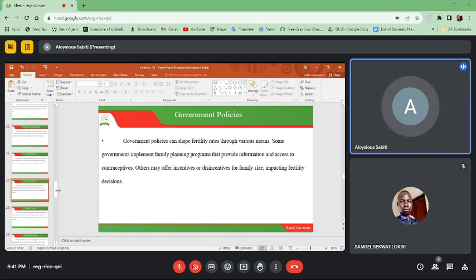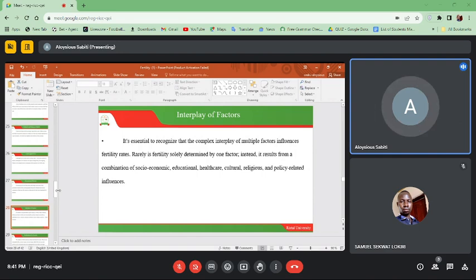So with some of those policies, there are quite many questions that people would ask. But regardless, some of these policies continuously shape fertility in the different countries.